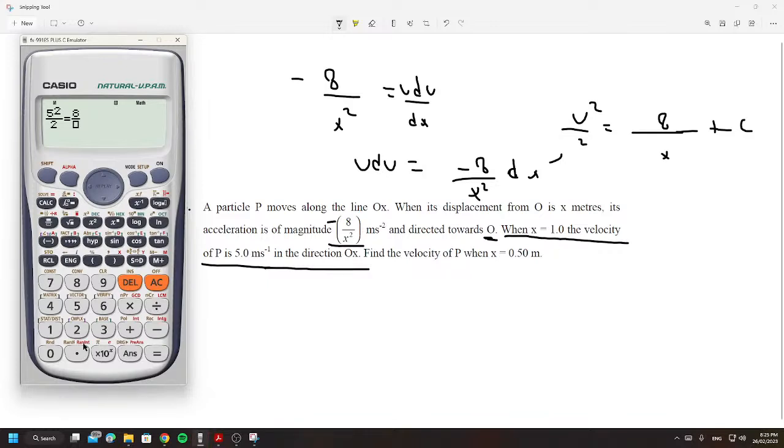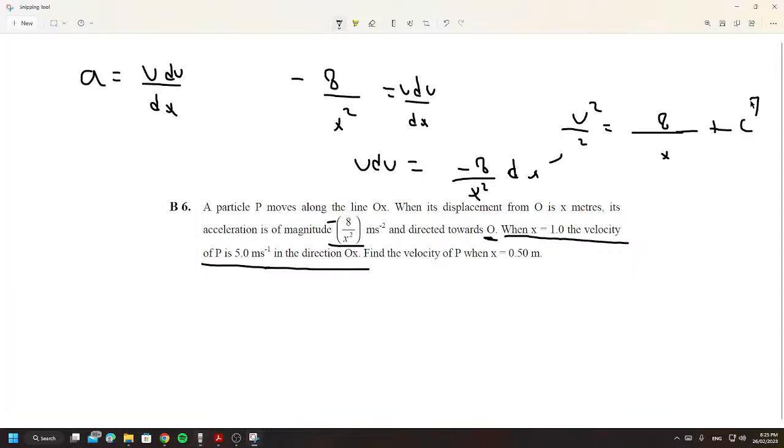Now what's x in this case? It told us x is equal to 1 plus c. So for c, we got c to be 4.5.